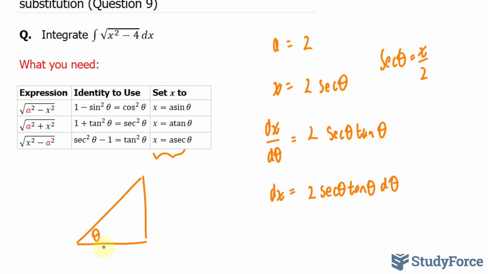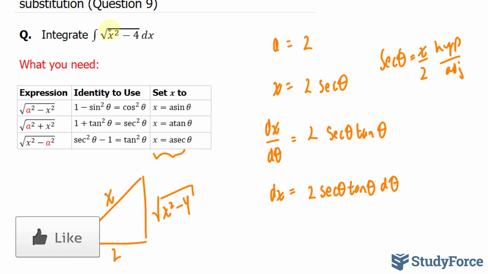Cosine is adjacent over hypotenuse, so therefore secant is hypotenuse over adjacent. This means that our hypotenuse will be x, our adjacent will be 2, and this opposite will be square root of x squared minus 4. That's identical to our expression.